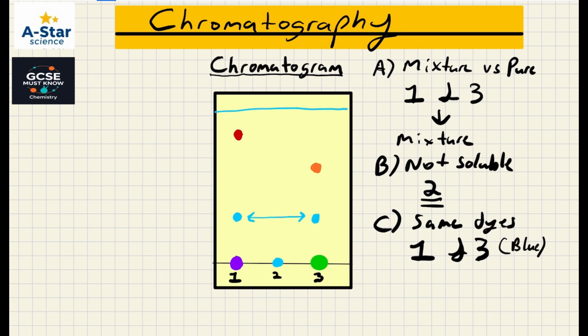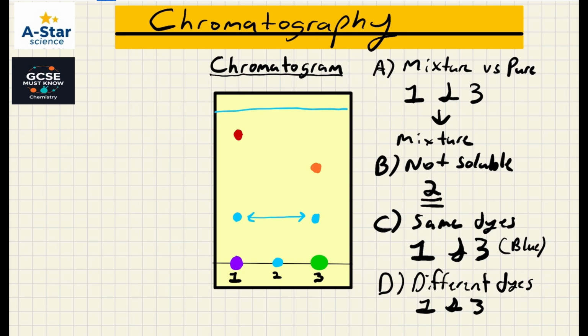That means they're going to be the same dye. You may also be asked which ones have different dyes present, different colors present. And we can see while 1 and 3 had the same color blue, they also have different dyes present. In this case, 1 has a red color and 3 has an orangey color. They look similar, but they are different.